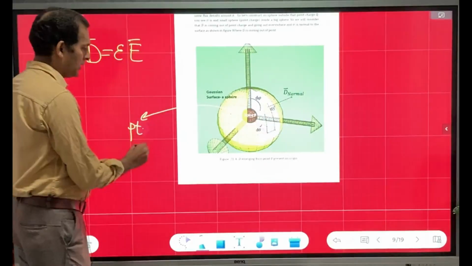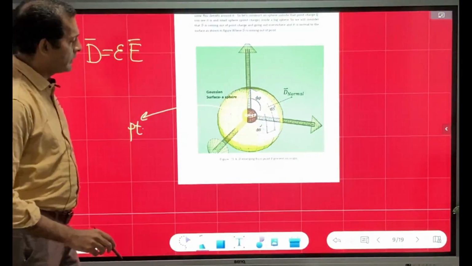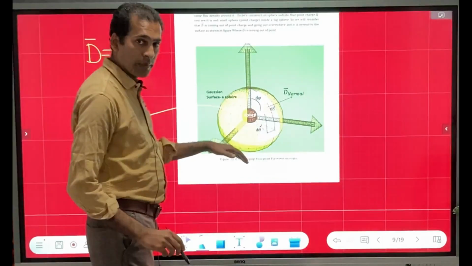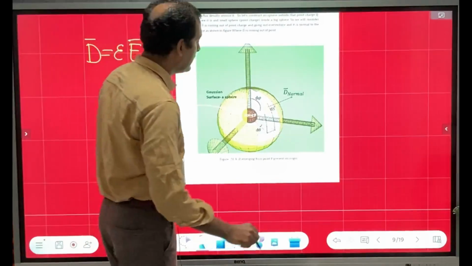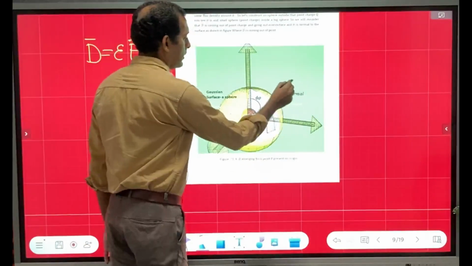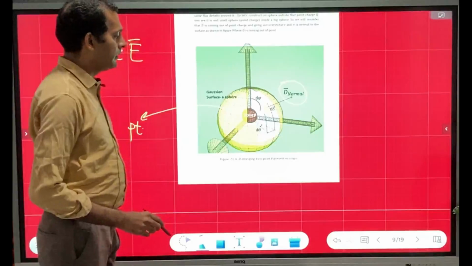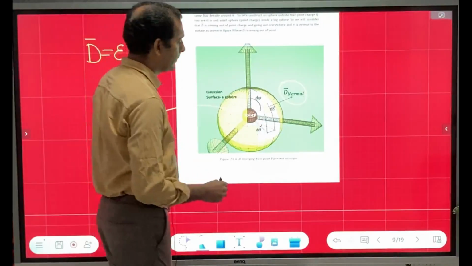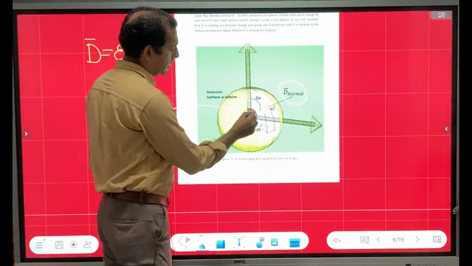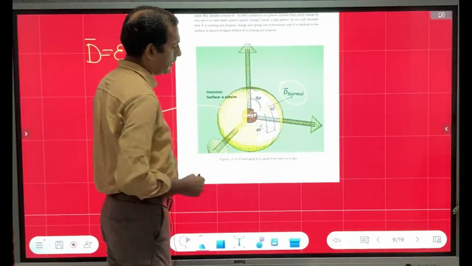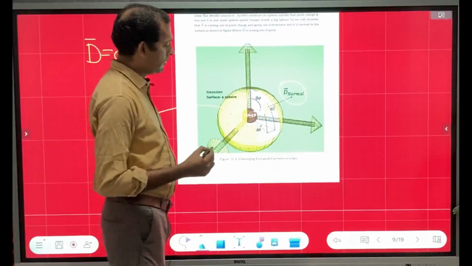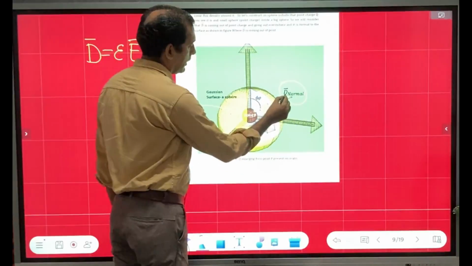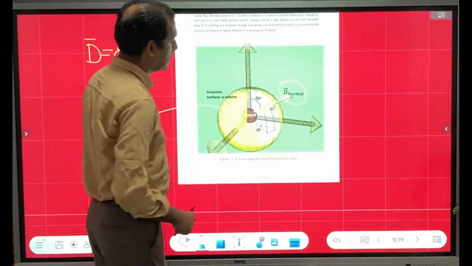So this relation is used here, and as we can see, at the center of this system there is a point charge. This point charge is sending out flux, which here we are considering as D bar, and we take this D bar as normal to the surface. It emerges from the point charge and crosses out normally out of the sphere.